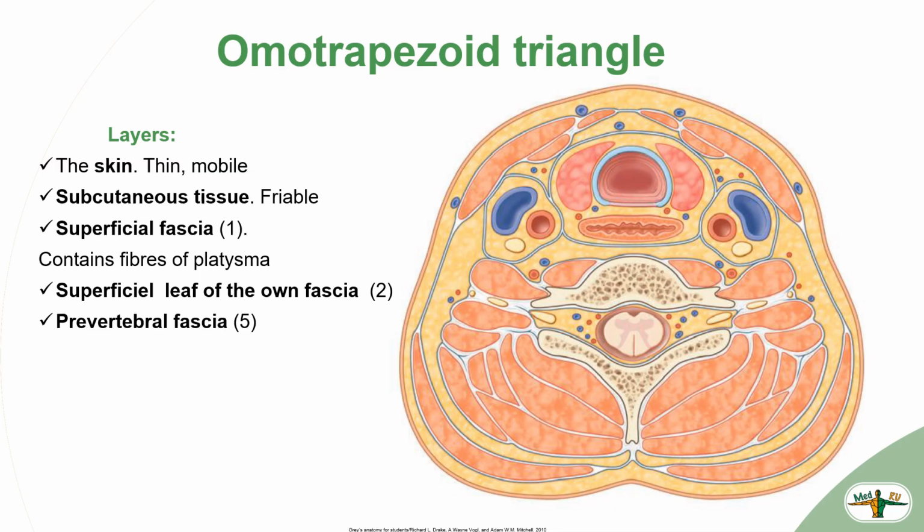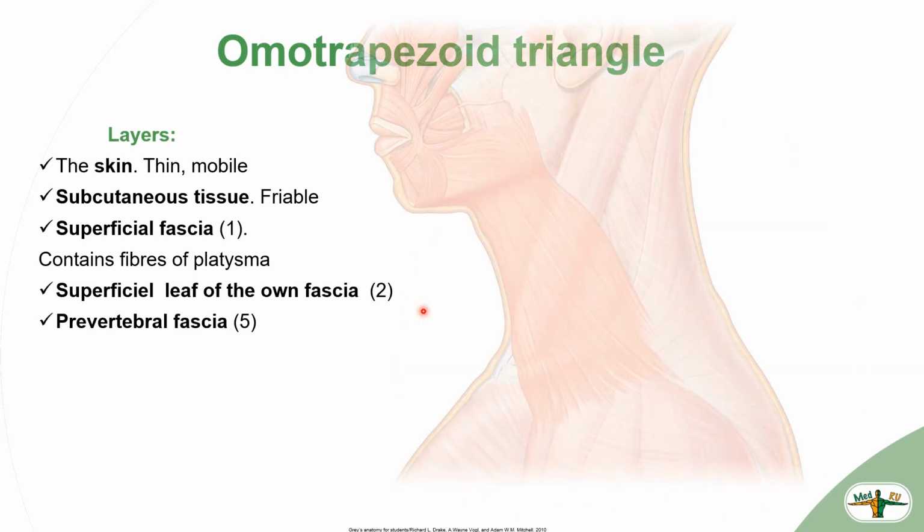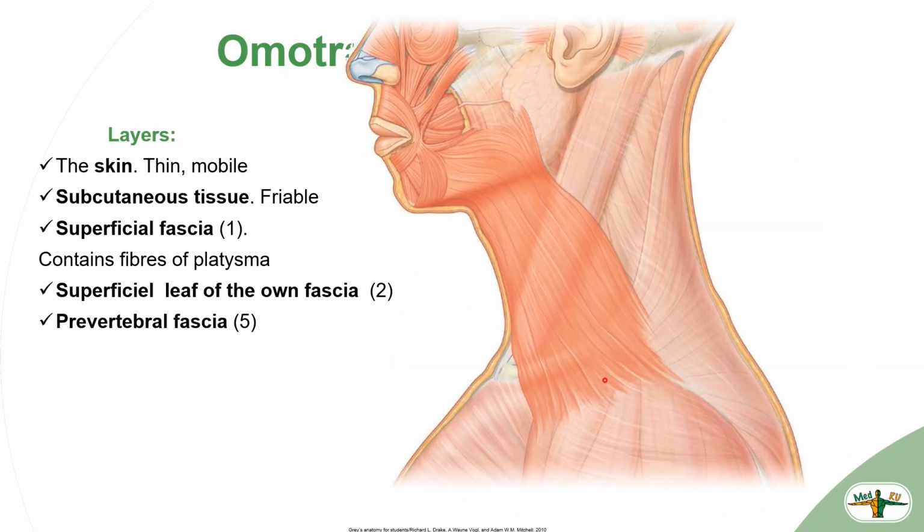Now, let's look at the layers, from the surface down. Skin, thin and mobile. Subcutaneous tissue. This is a soft, fatty layer underneath the skin. Superficial fascia. A connective tissue layer that contains thin muscle fibers called the platysma. Superficial leaf of the proper fascia.